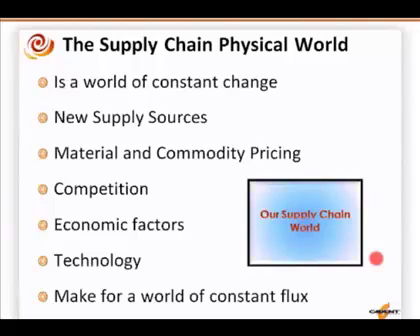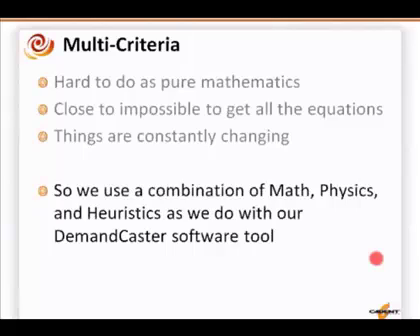There's economic factors. I mean, think of the example we showed, fourth quarter of 2008, where everybody's scrambling to reduce inventory, and now we're starting to see examples in the fourth quarter of 2009 where people are scrambling to make up and increase their inventory levels. Technology changes, making information flow even faster and more efficiently. So it makes for a world of constant flux.